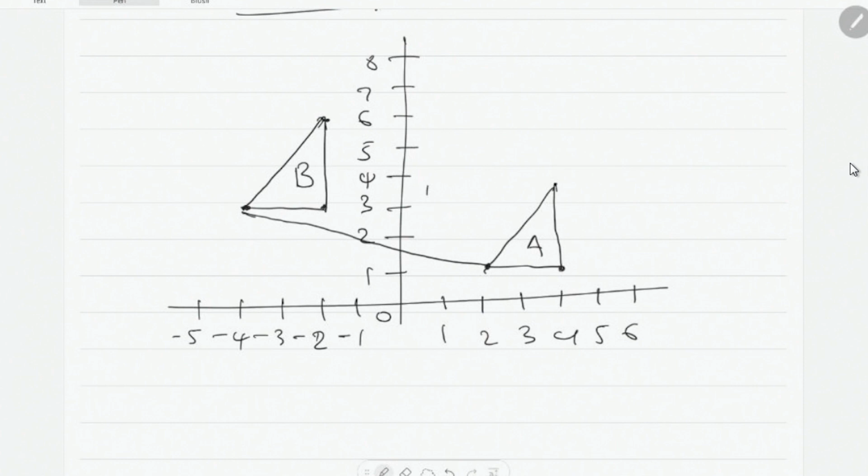Don't worry about my lines, I'm just using this for illustration purposes, and then I connect those two points also from the object to the image. You will see that the points from the object to the image are moving equal distances, okay? And the lines connecting points from the object to the image are parallel to each other and also equal in length. So how do you find a translation in this case?